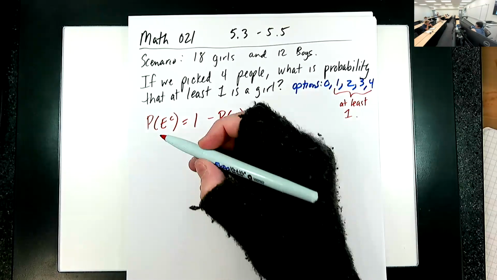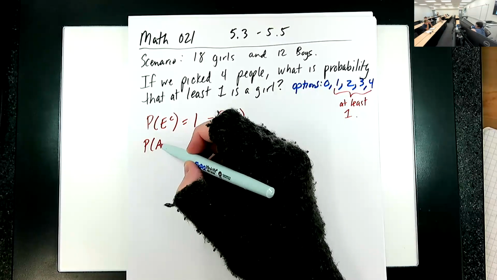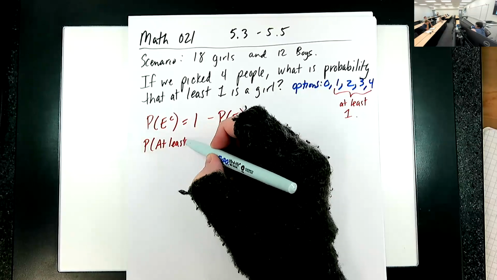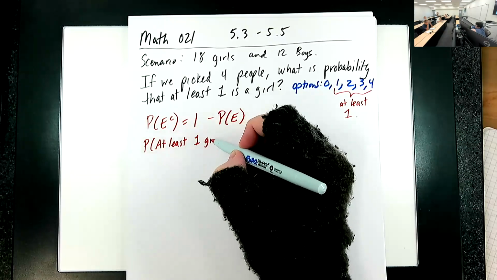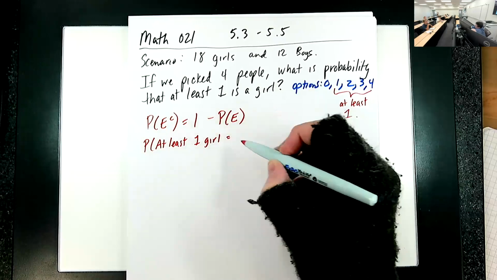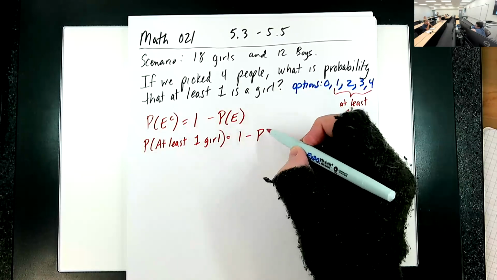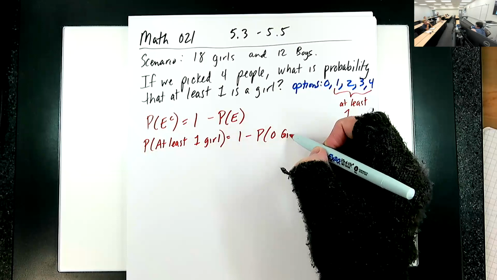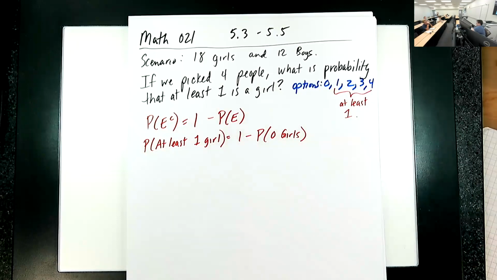And the way we use this was the probability that at least one is a girl is equal to 1 minus the probability of 0 girls, which is the complement. And that's where we stopped, because we didn't really talk about how to decide what the probability of picking 0 girls is when we're picking 4.